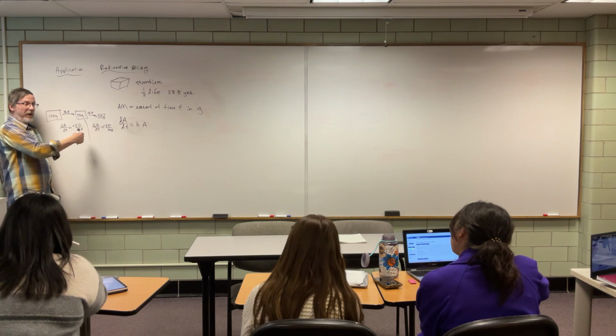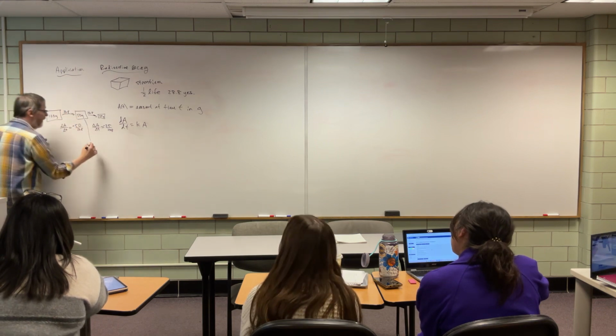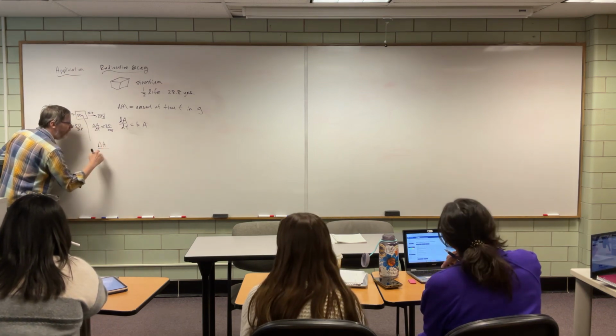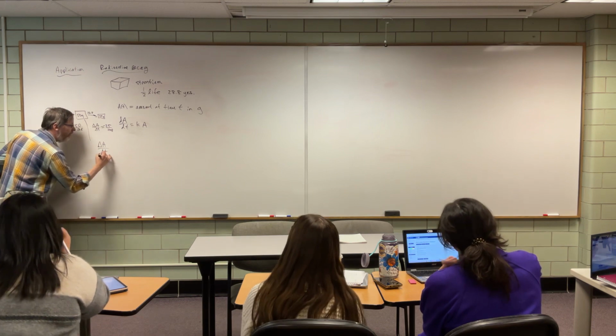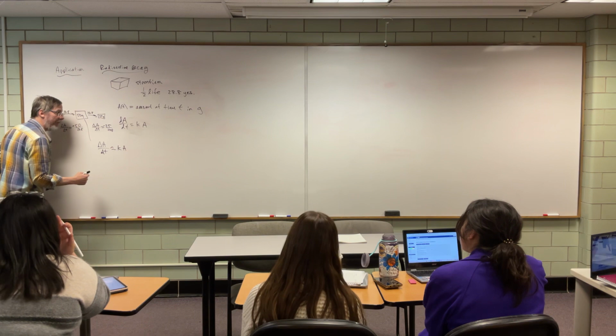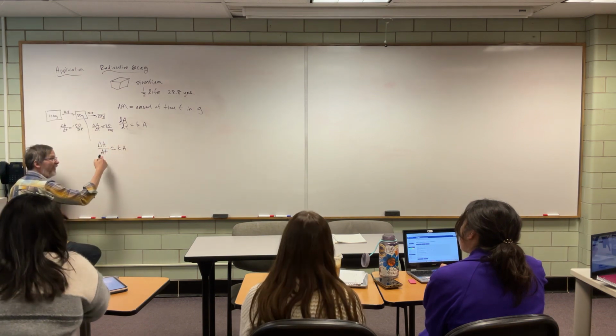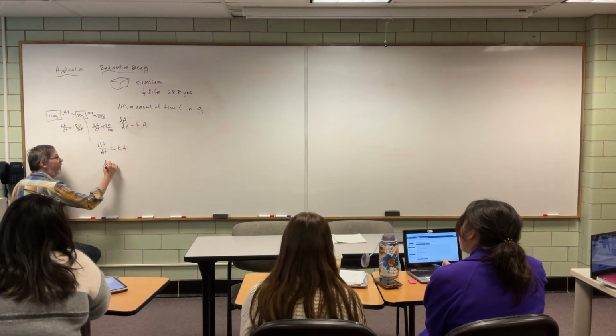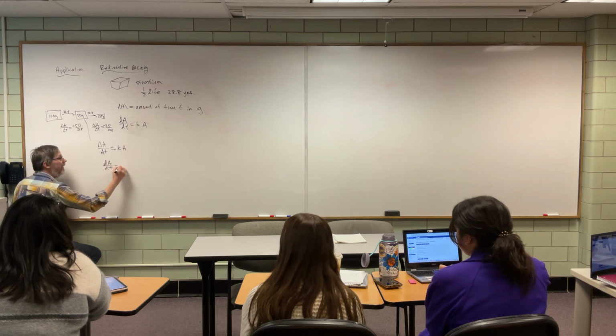So we took this idea that the average rate of change is proportional to the amount that we have at a particular time, and then we let delta t go to 0, and what we got was this equation, dA/dt = kA.